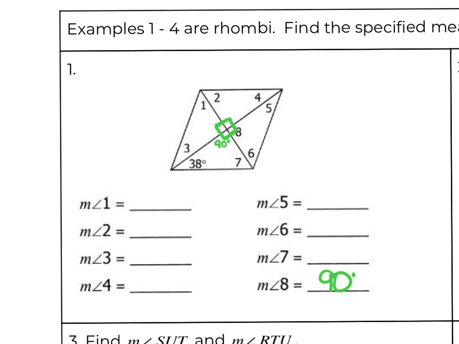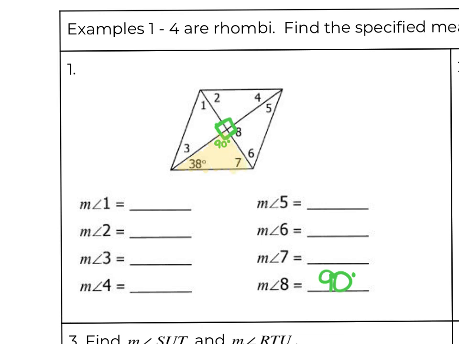Next, you don't have a lot on here, so you have to look at what you have. We do have a triangle. A rhombus basically is split into 4 triangles once it has the diagonals, which we're going to use a lot.